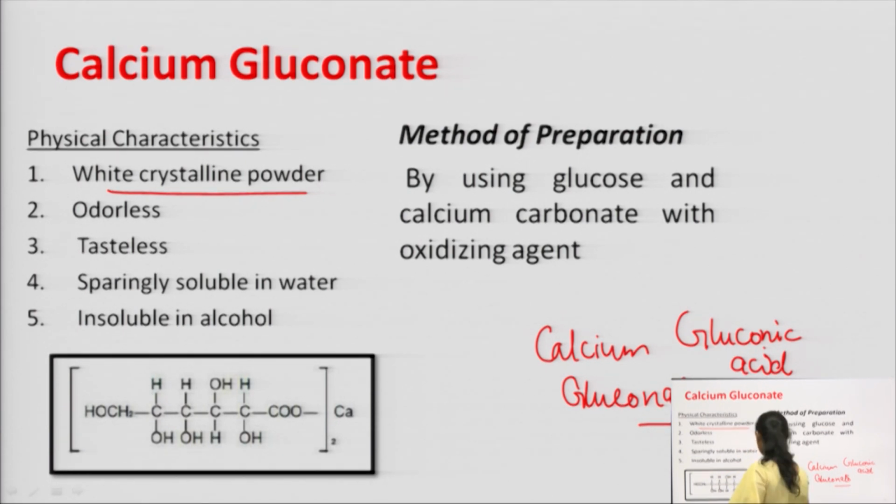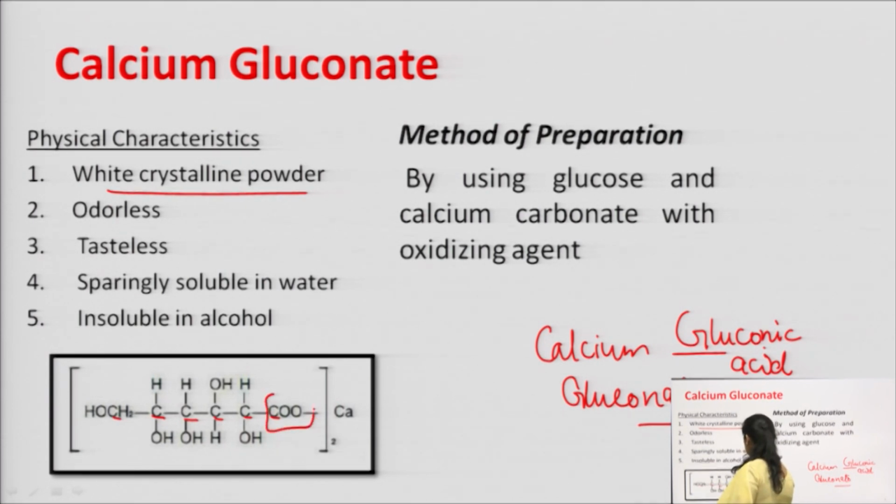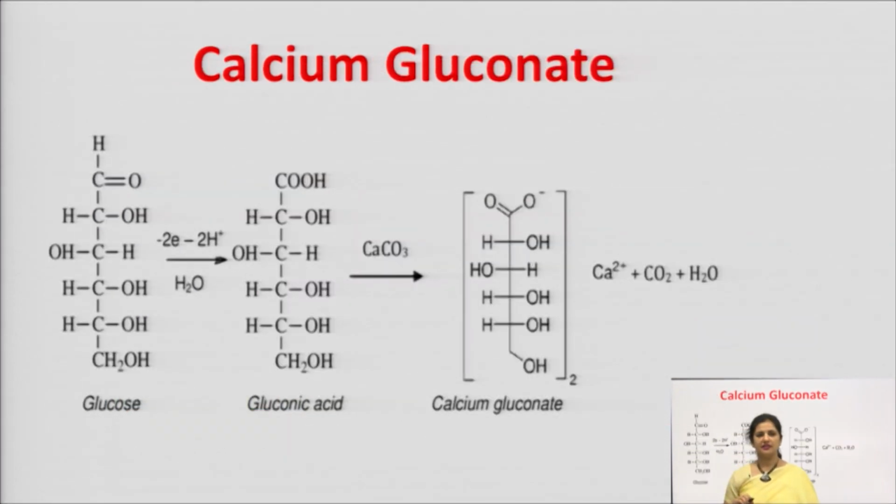This is the formula. We know that glucose contains 6 carbons, 1, 2, 3, 4, 5, 6, and this is the acidic part. This is the structure of calcium gluconate. Now, let us see how it is prepared. This is glucose, C1 to C6.